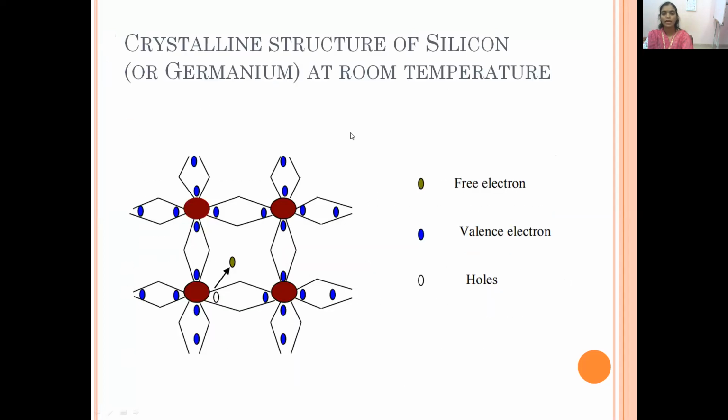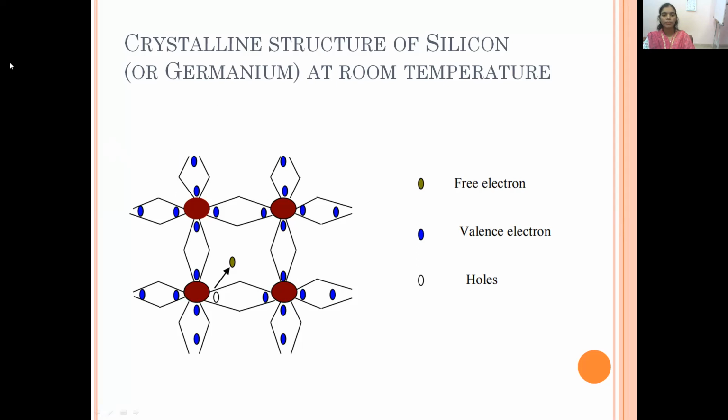See the next diagram. In this diagram, the crystalline structure of silicon and germanium at room temperature. At room temperature, some of the valence electrons gain thermal energy to break the covalent bond.